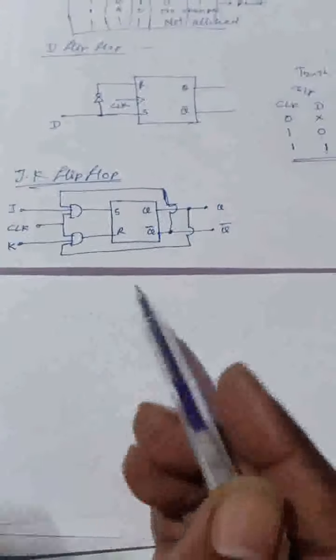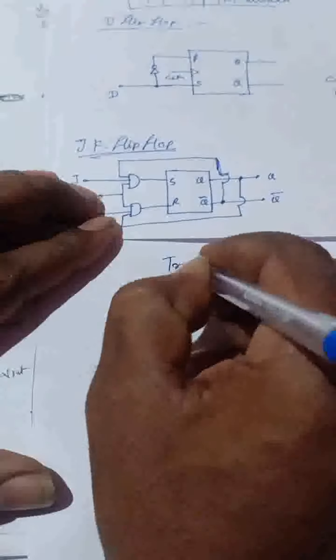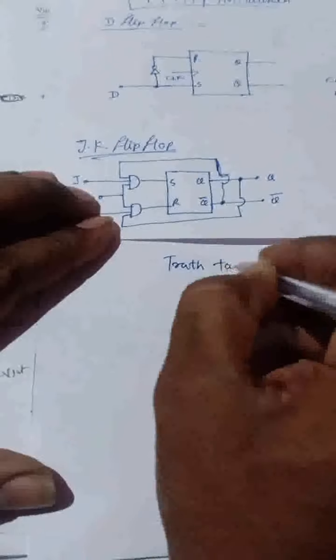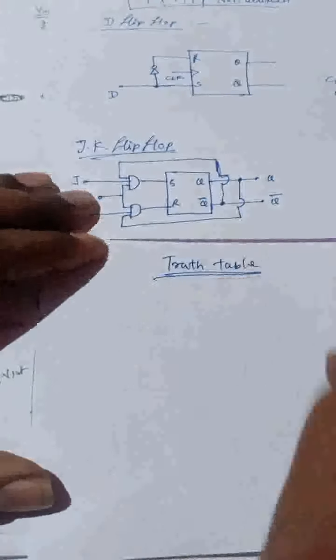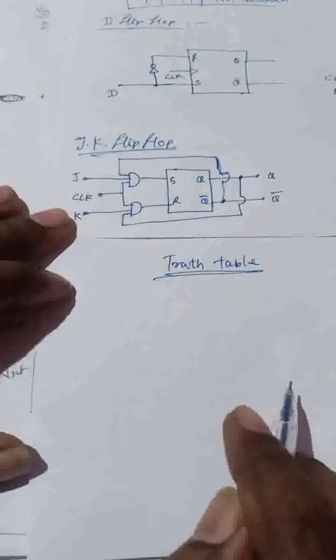Just watch how we are going to write the truth table. For that purpose we are using a different paper here. Let us see the truth table of this JK flip-flop.